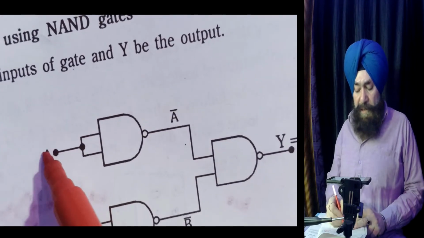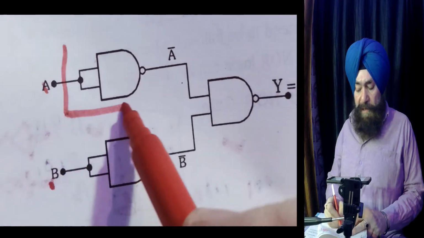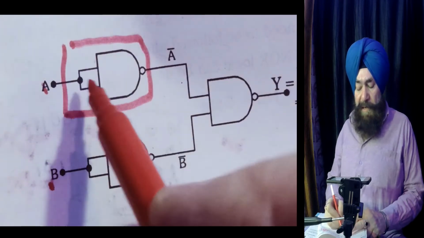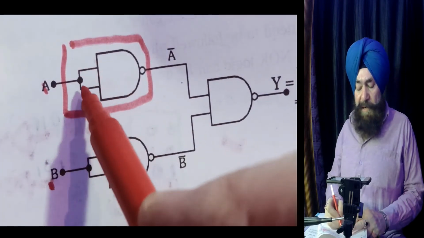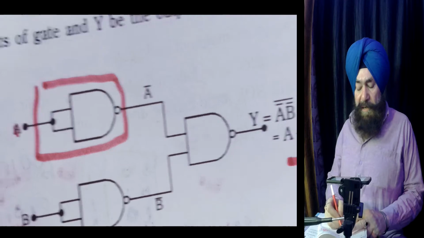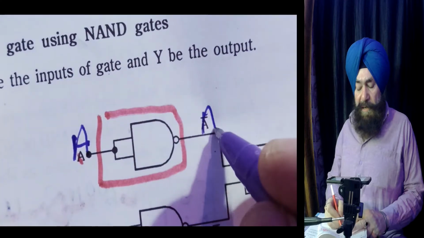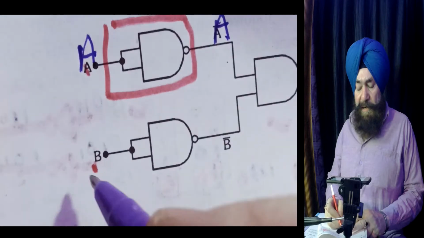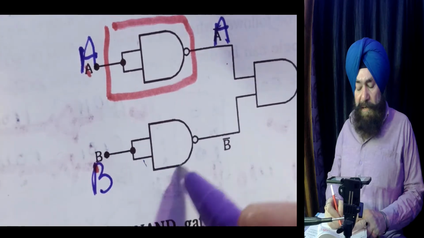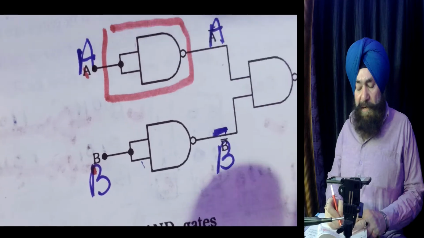Okay, this is A, this is B. Now I already proved that this NAND gate, with inputs connected together, behaves like the NOT gate. So if this is A, it becomes A bar. If this is B, this is also a NOT gate, it becomes B bar.